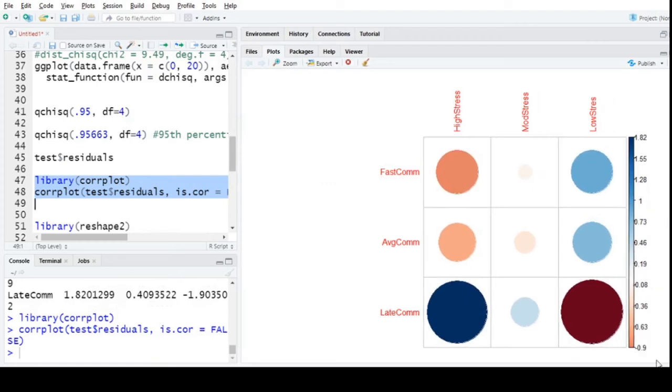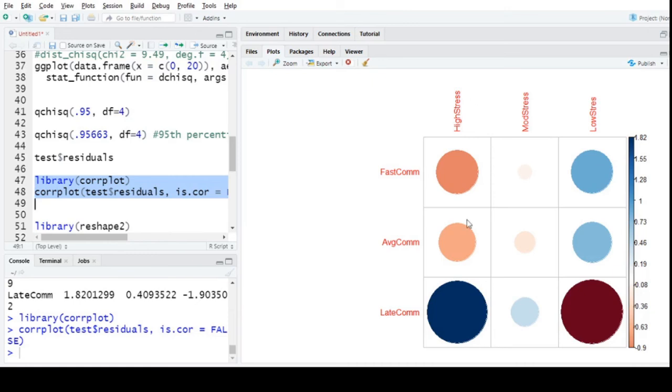So you can see the blue one shows a strong positive association. The size of these balloons or circles represents the degree of association, and the color represents the direction of the association. That means if it is blue, it shows positive association. If it is red, it shows negative association.